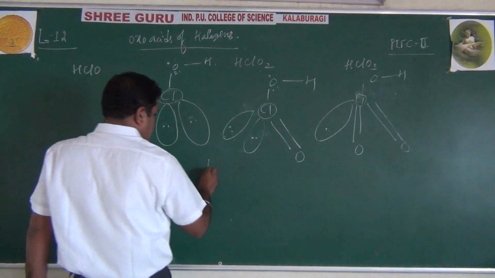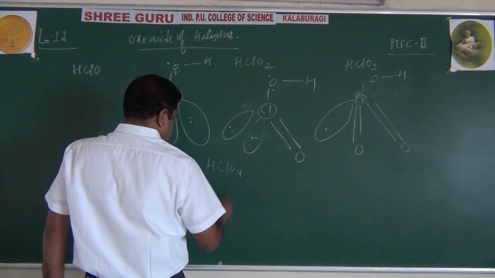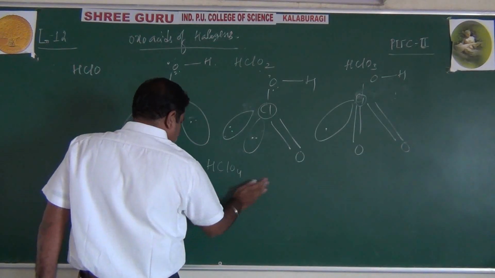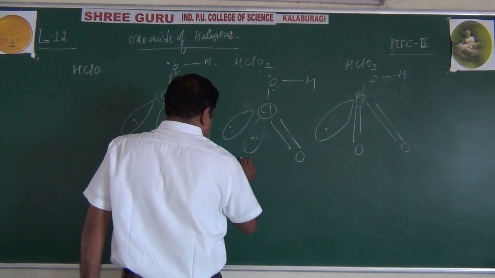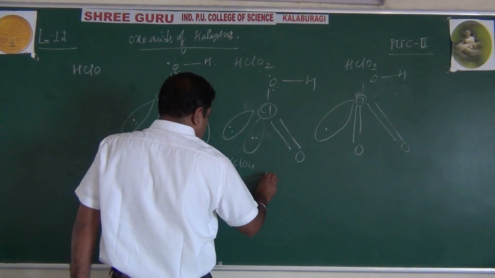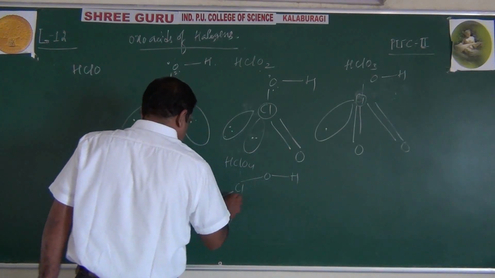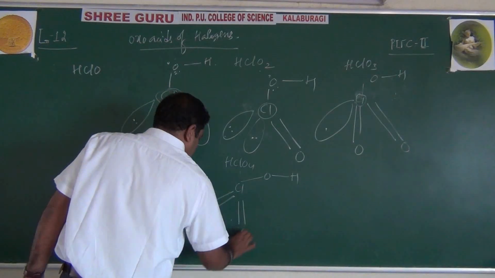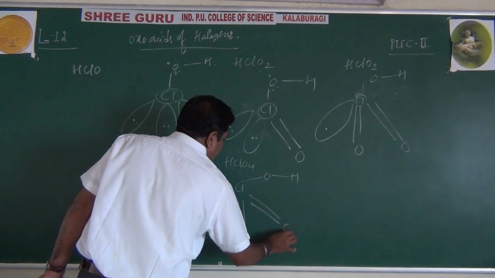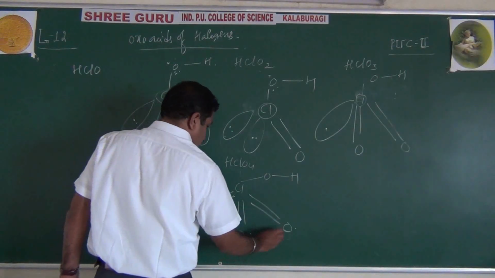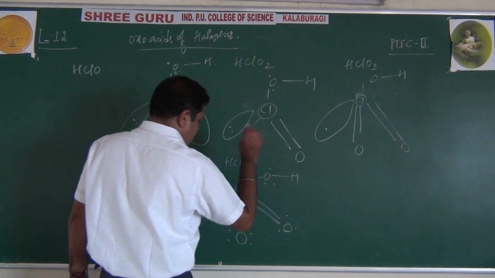Now lastly HClO4, perchloric acid. All the lone pairs on chlorine are replaced by double bond O, double bond O, double bond O. That's it. All are octets.